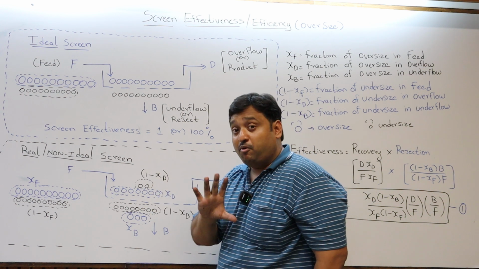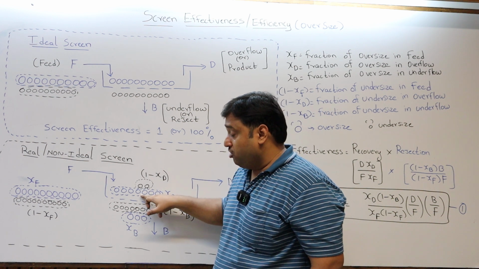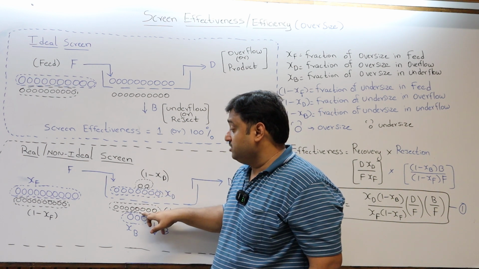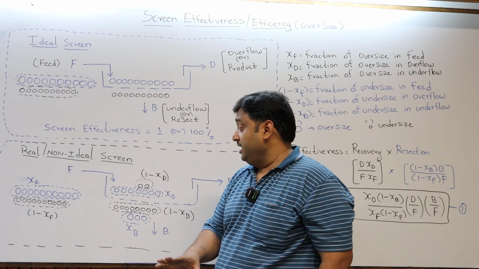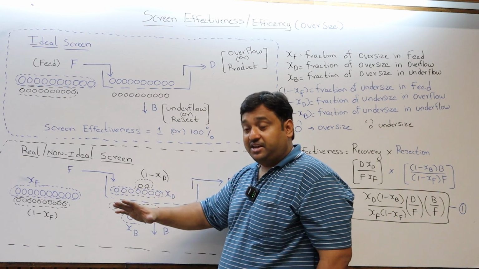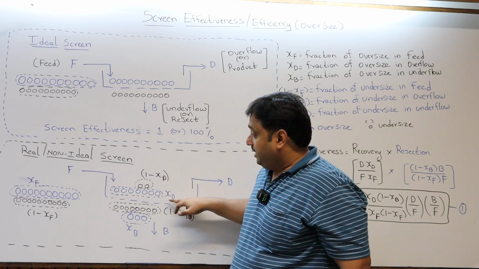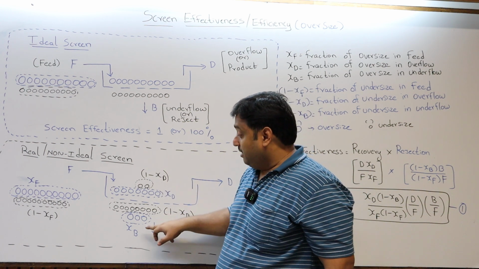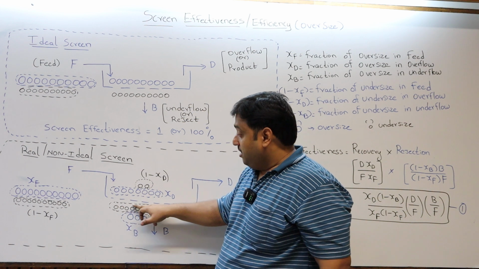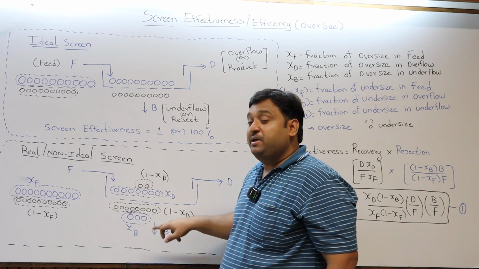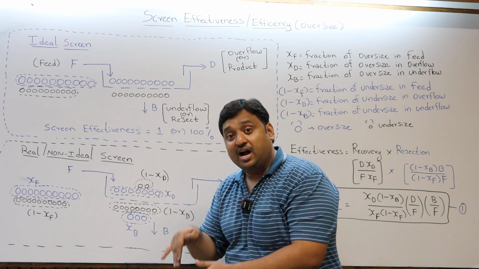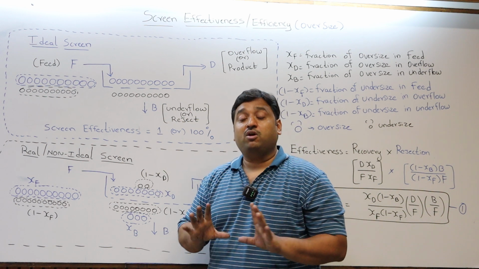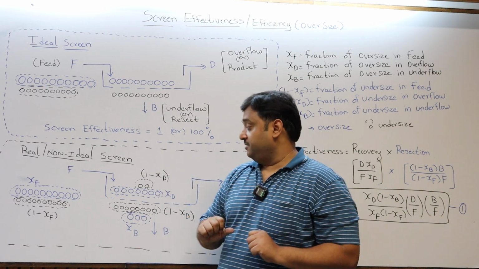Ideally, all the bigger particles should come on the top and all the smaller particles should come to the bottom. But see, after the screening action, you find bigger particles as well as some smaller particles in the overflow, and at the bottom you will see smaller particles as well as bigger particles in the underflow. This is what the non-ideal screen looks like.